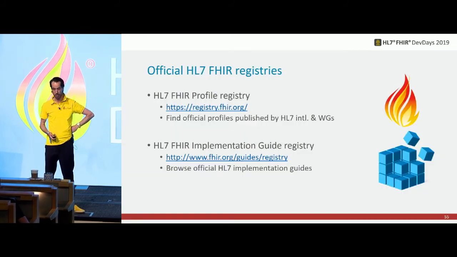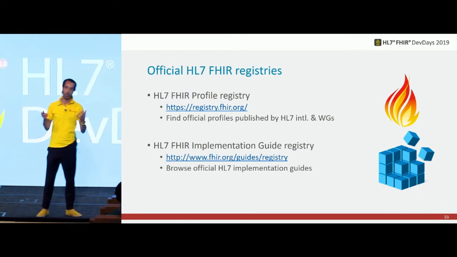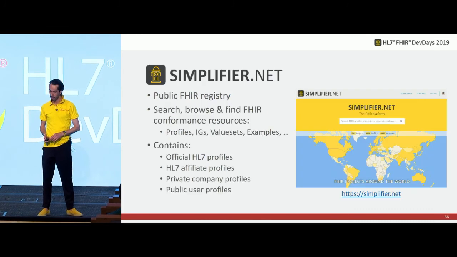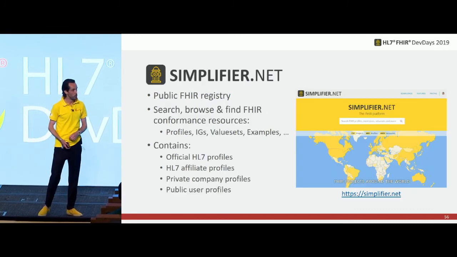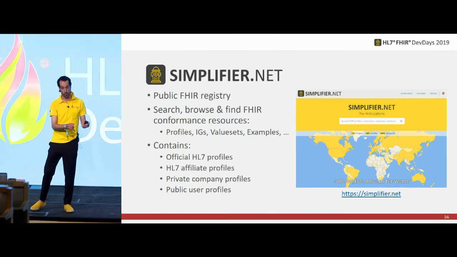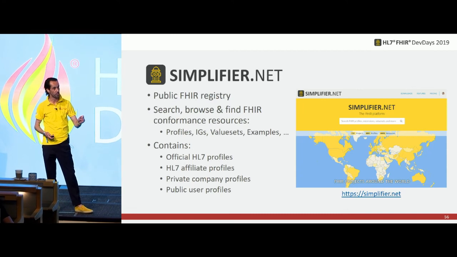I'm running out of time. A little bit on the registry. There's an HL7 registry. That's for official profiles, but it's actually being fed by Simplifier. So everybody can publish these profiles on Simplifier, and if you want these profiles to also be discoverable on the official HL7 registry, you just check a box and it appears there.